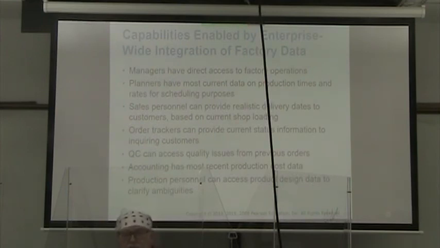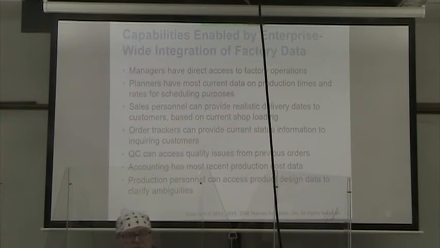All right, so when we have that enterprise-wide integration of our factory data, we can have managers having direct access to the factory operations. The planners always have the most current data on our production times and rates and can do better scheduling.